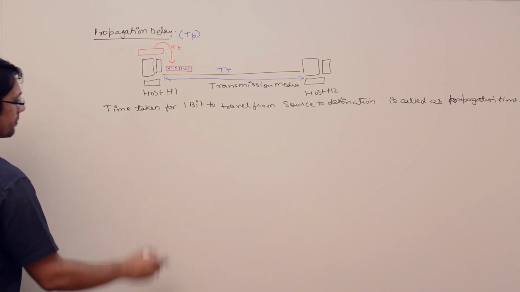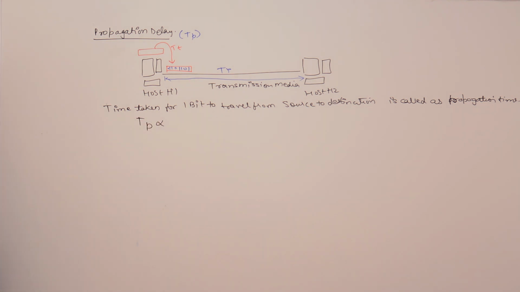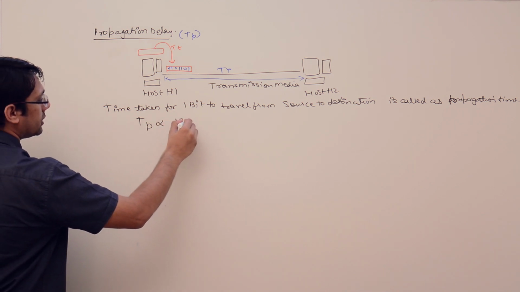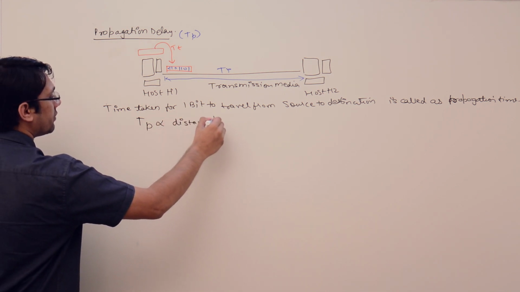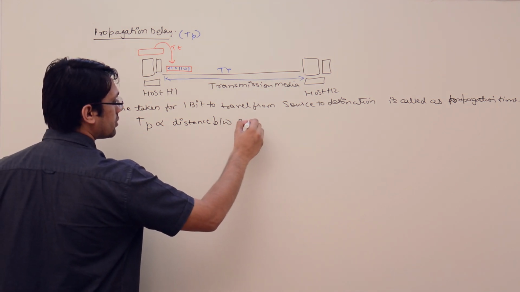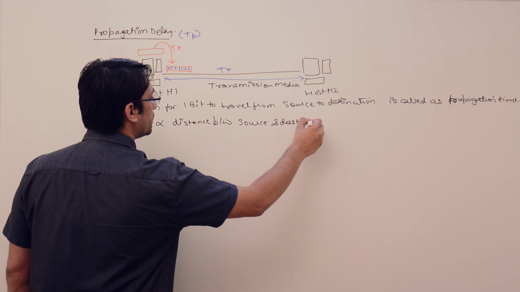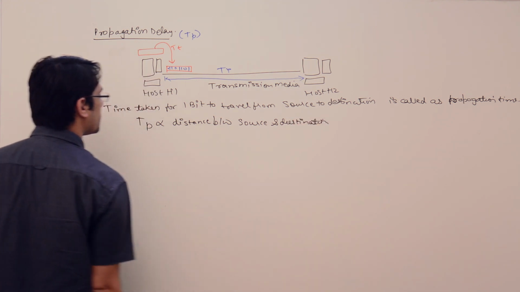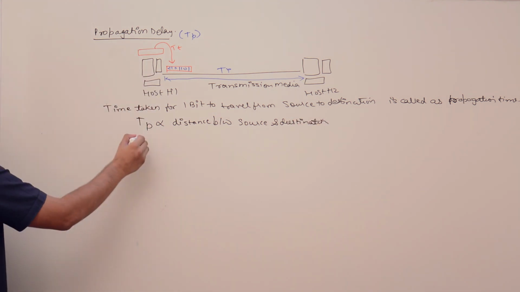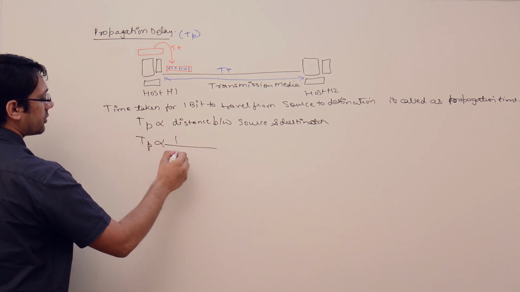Now, on what factors is the propagation time dependent? You can clearly see that propagation time is directly proportional to the distance between the source and destination, and it is inversely proportional to the velocity, or speed, of the signal.